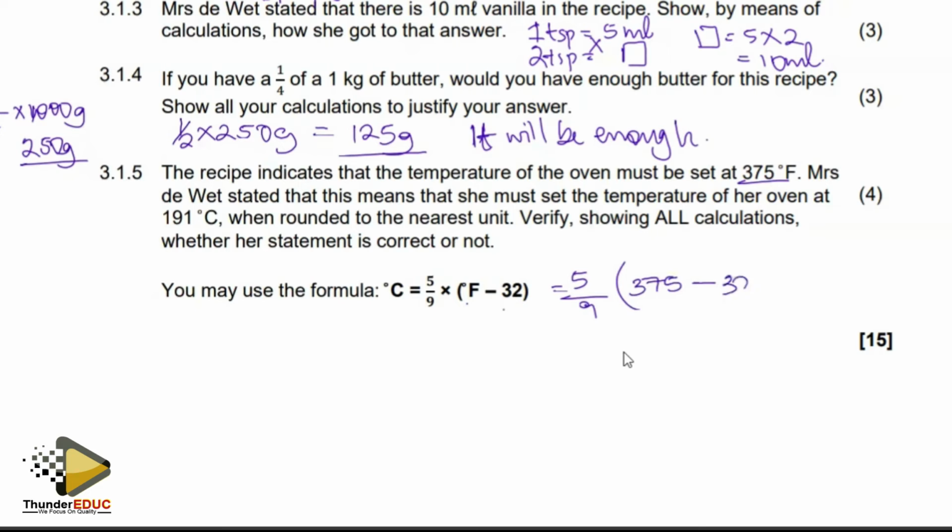Put this in your calculator, you end up having 190.56. Rounded off to the nearest unit, so they're saying verify whether she's correct. So you have to conclude and tell us that it's correct.